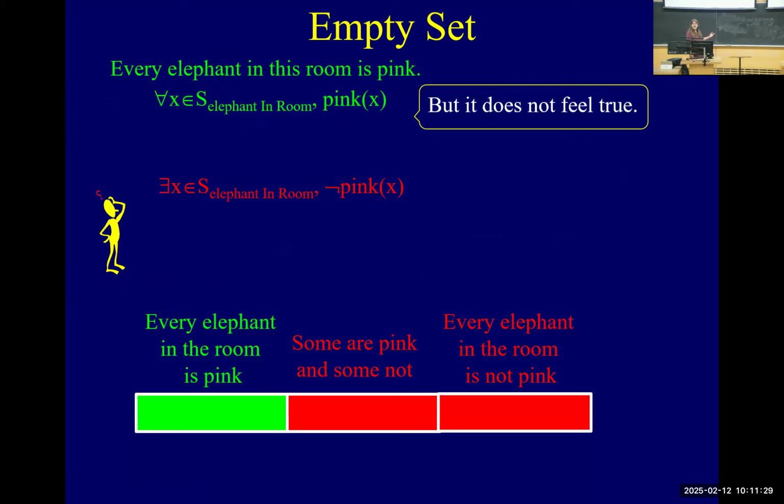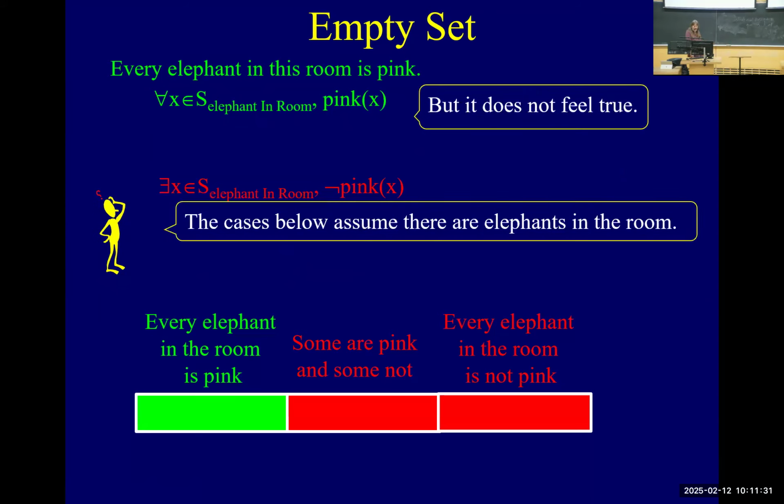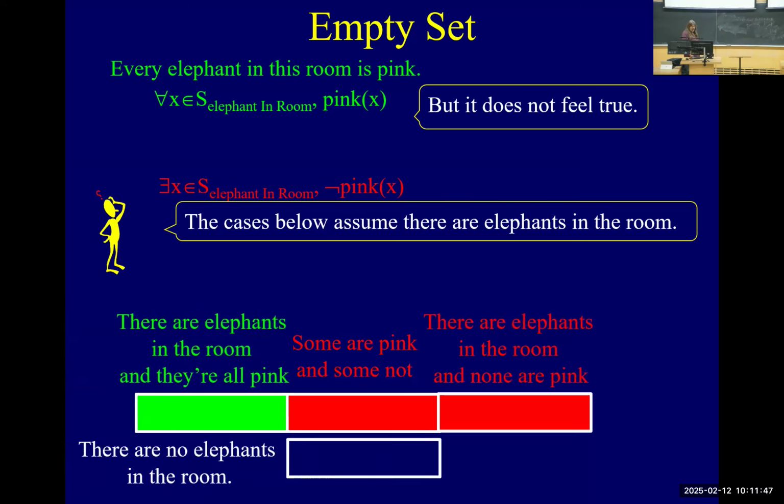Now, people are nervous about it. And why are we nervous about it? All these statements down here assume that there are elephants in the room. So let's have a new case in which there are elephants in the room and they're all pink.